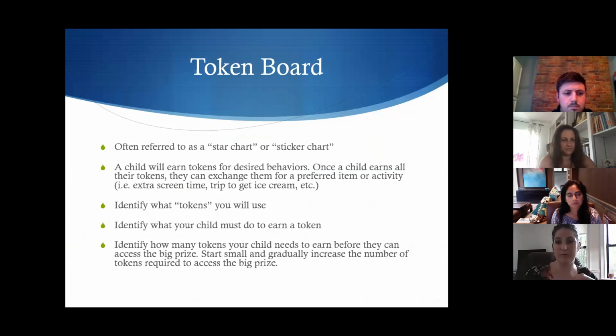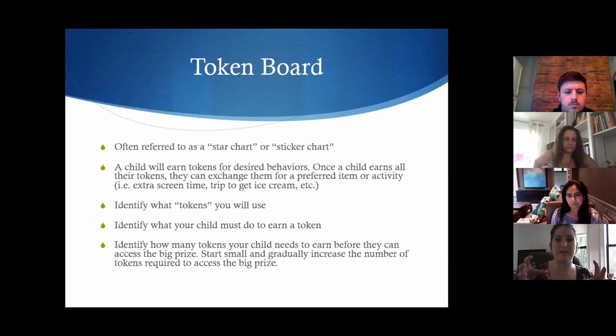Typically, when I first start out, I want it to just be one token. If you stay in your bed all night without getting up, you're gonna get your token, and then you can access extra time on the iPad, or we can go get ice cream or something fun. It could even just be like special movie time with my family.